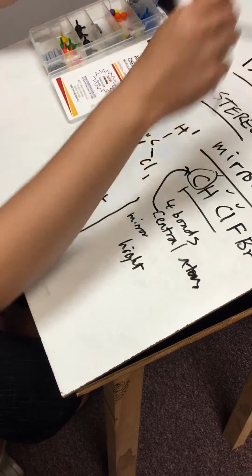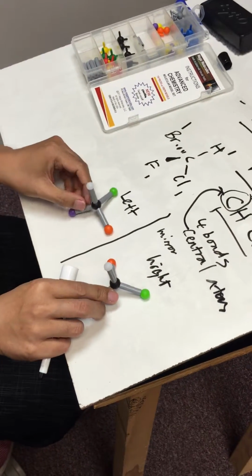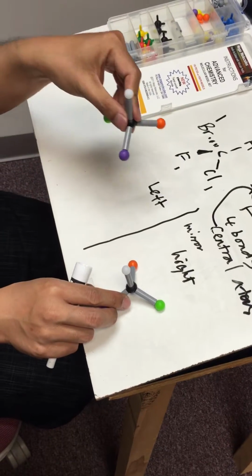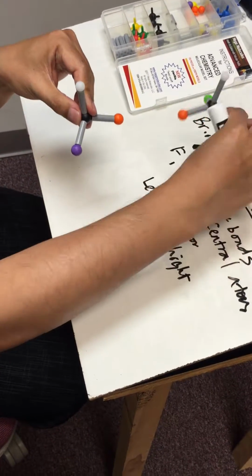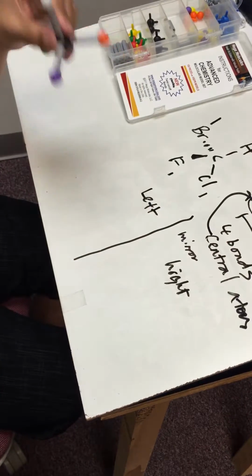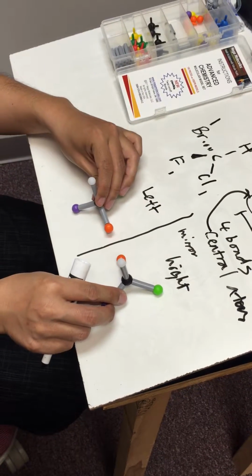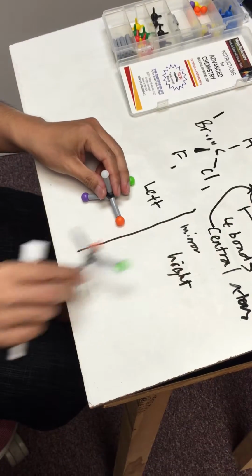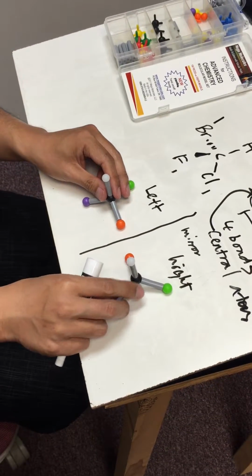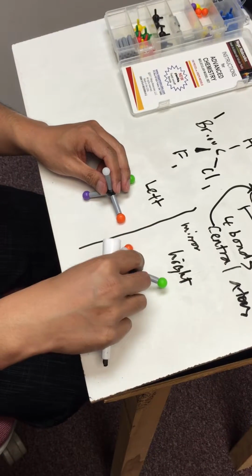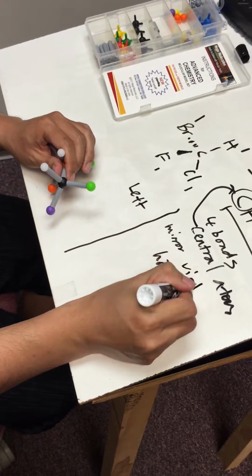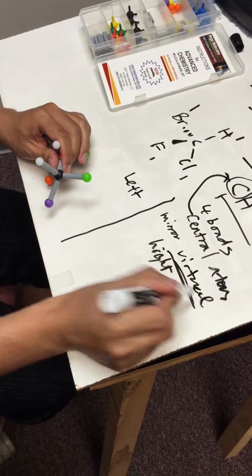These two molecules are exactly mirror images of each other. So if you build this molecule and you hold it in front of a mirror, what you see is not the identical molecule of this one. You're actually going to see the mirror image of the molecule that you put in front of the mirror. Of course, a mirror image is virtual. You cannot touch the virtual mirror image if you actually use a mirror.